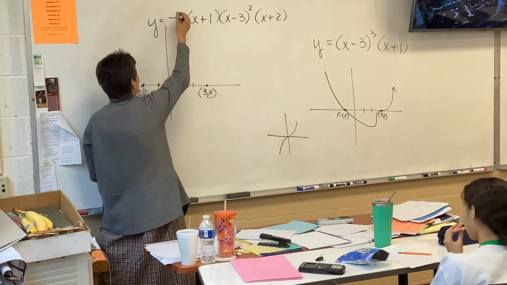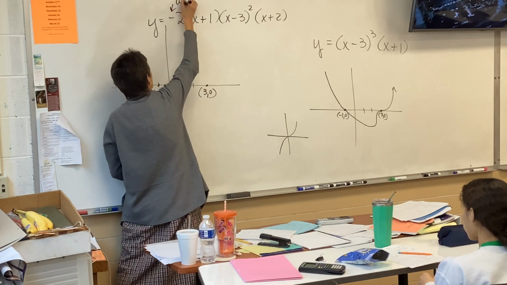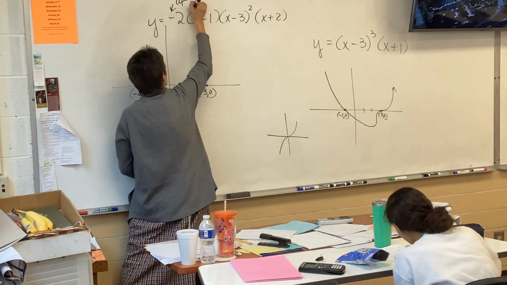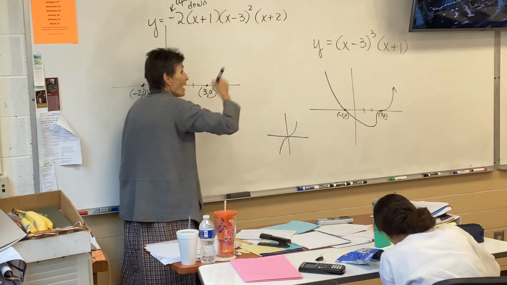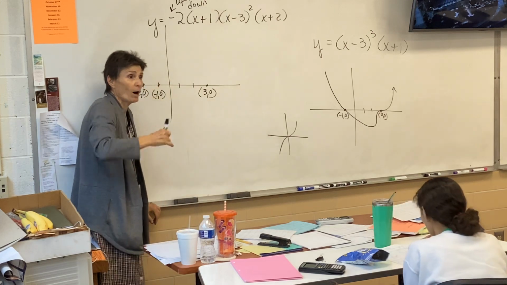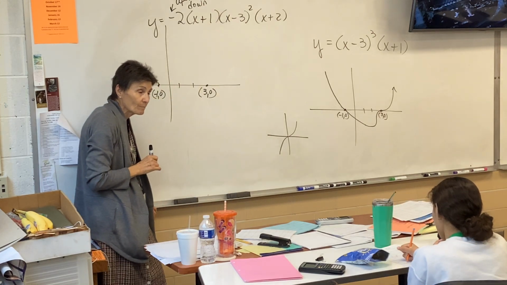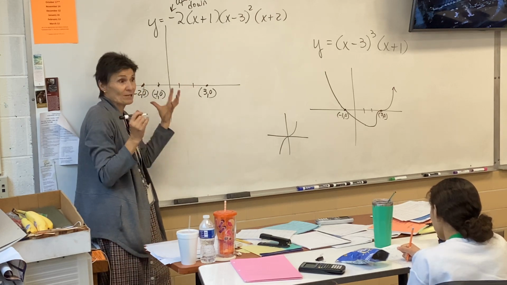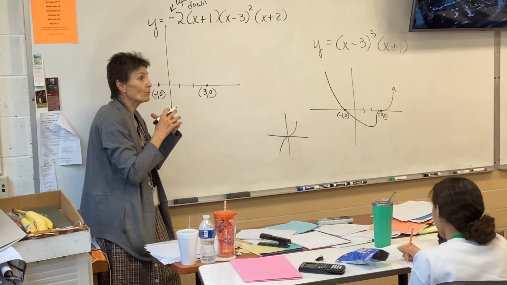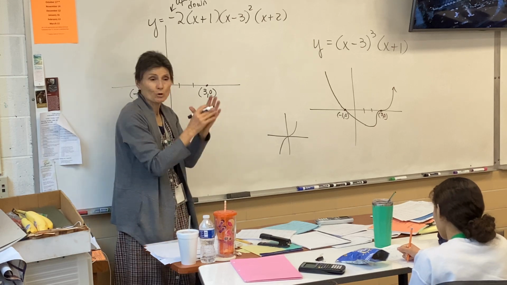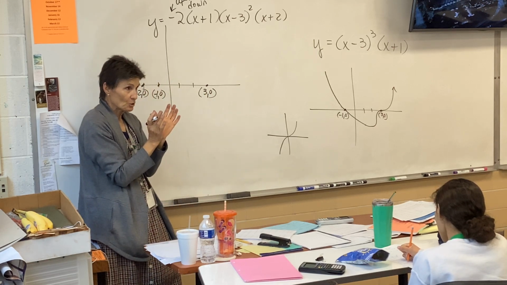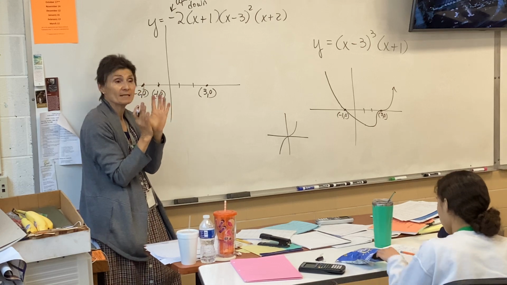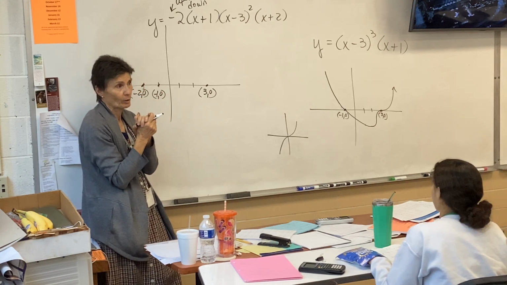This negative acts just like all the other negatives out in front. Now, the 2 also stretches it vertically, but we're doing a quick sketch, so you don't need to worry about that. You need to worry about the negative, but the number itself, you don't have to worry about.